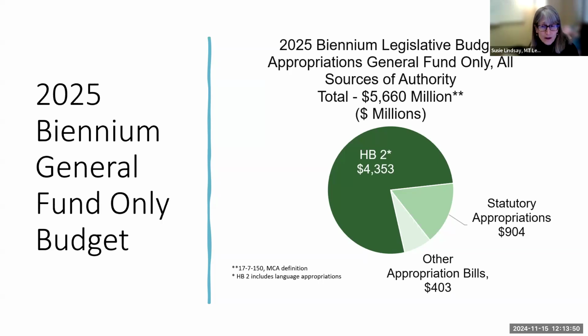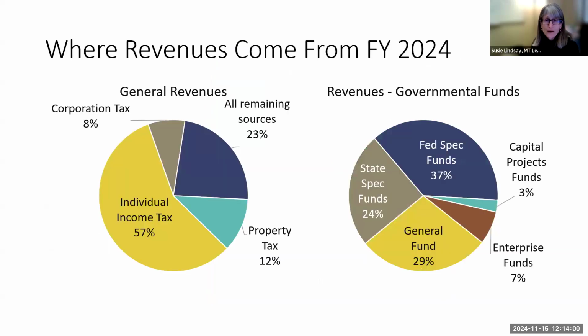That's generally what those other appropriation bills are. They can also be infrastructure bills. So on the next slide, we're going to talk about where the revenues come from that fund some of these.